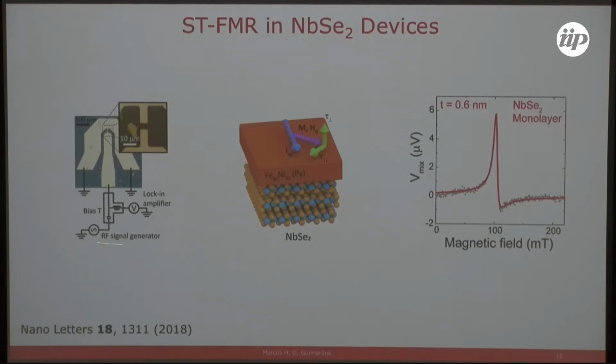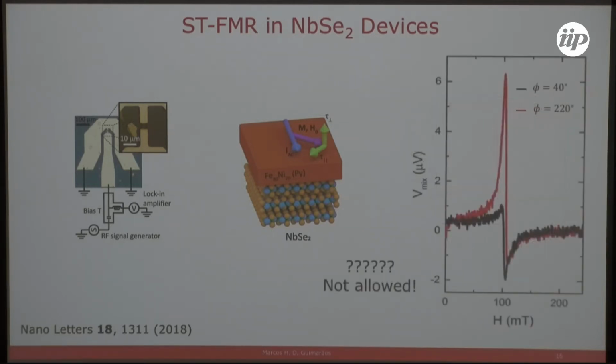We make our devices, our ST-FMR devices, with niobium diselenide and a ferromagnet on top, and we nicely measure these resonance curves down to a monolayer of niobium diselenide. But now if you reverse the field direction, we see that they look very, very different, which in principle is actually not allowed by symmetry. So that is very puzzling.